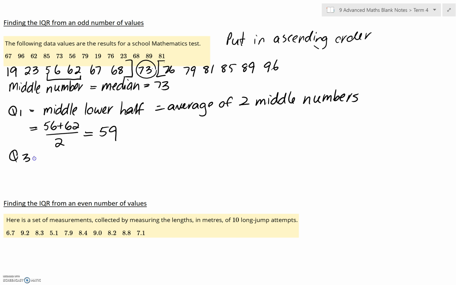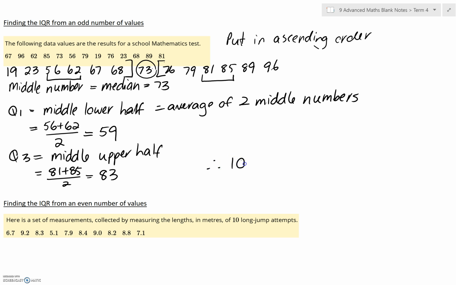Q3 is found in exactly the same way, except this time we're looking at the middle of the upper half. So the next section of values, the values above 73, above our median, and our two in the center here are going to be 81 and 85. So again, we do the same thing with the upper half, which means we're going to end up with 83. Now, the interquartile range is found using those two values.